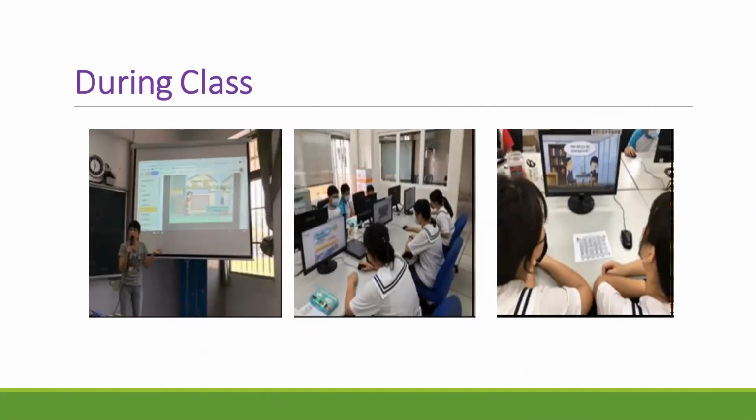Okay, and during the class, they practice the dialogue using the map designed by themselves. Because the map is designed by themselves, they are very involved and they learn to cooperate, communicate, and express their own thoughts.